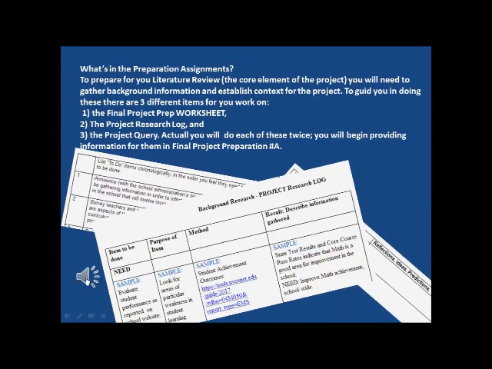This final project, which is very much based in actual practice in the field, is how an instructional specialist would go about planning this sort of thing. It actually is a complex process that involves doing many things and doing them in order. So you'll find that the project prep worksheet is really a kind of outline.